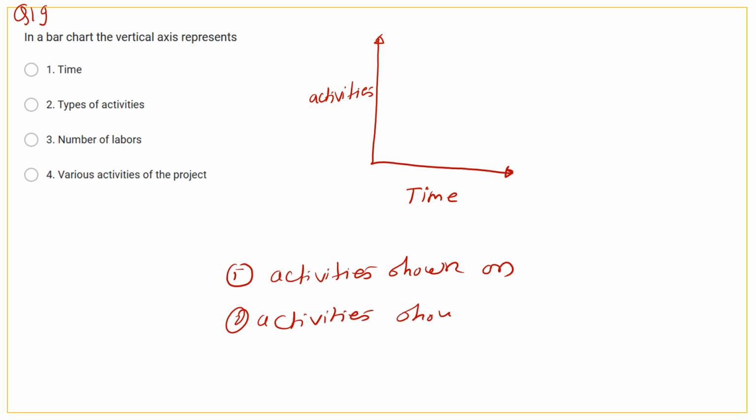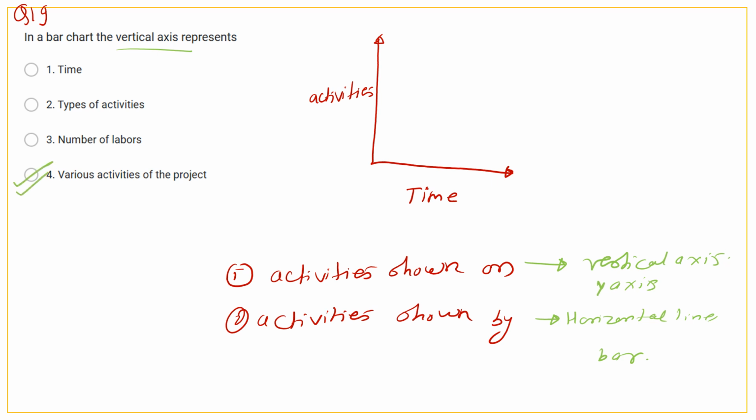For the first, activities are shown on the vertical axis or y-axis, and second, shown by horizontal line or bar. Okay, then in the question, in a bar chart the vertical axis represents the various activities of the project. So here option number 4 is correct.